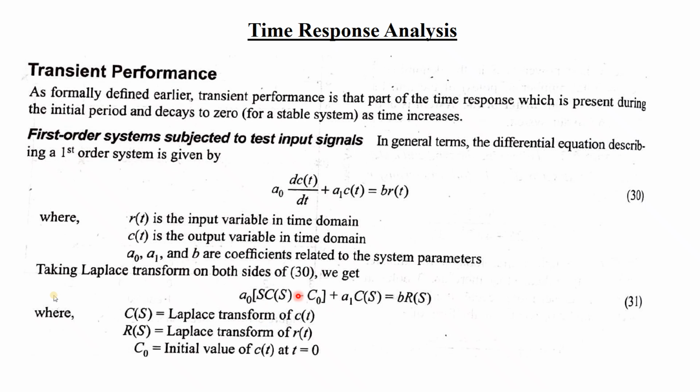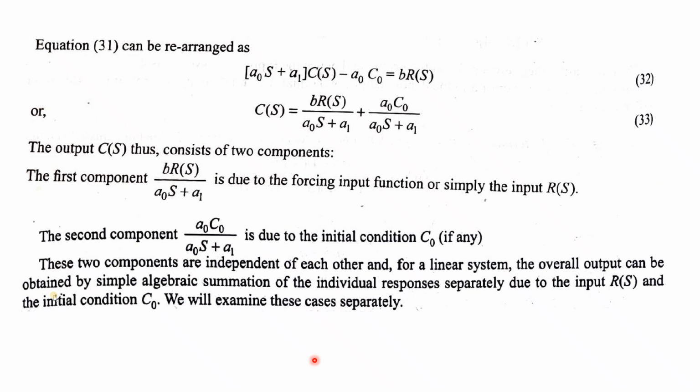C0 is the initial condition. So it is A0 bracket SCs minus C0 plus A1 Cs equals B Rs, where Rs is the Laplace transform of the input. Okay, and C0 is the initial value at t equals 0.